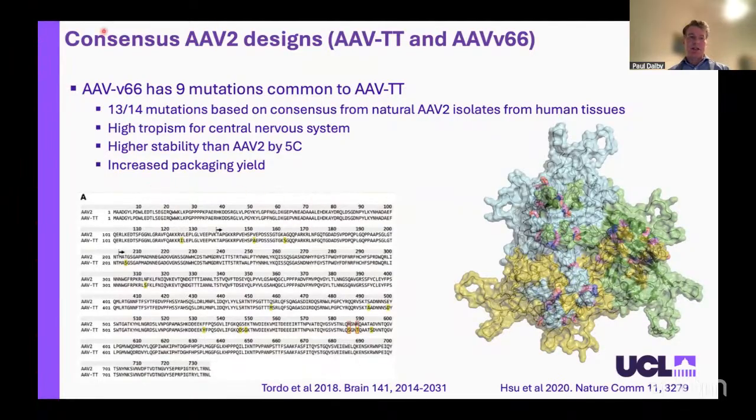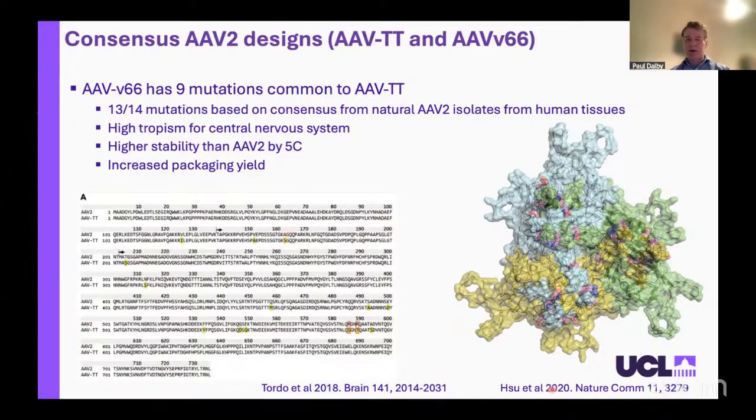So things like consensus designs are essentially that sort of approach, where you look at a multiple sequence alignment and see, for the sequence that you already have, whether at a given position you have the most popular or common amino acid. And if you don't, you can mutate towards it.